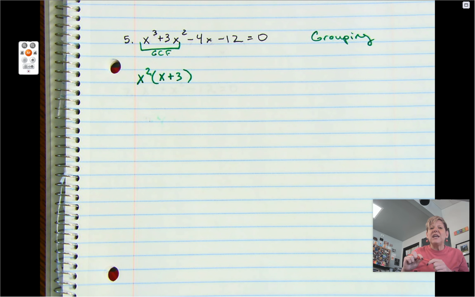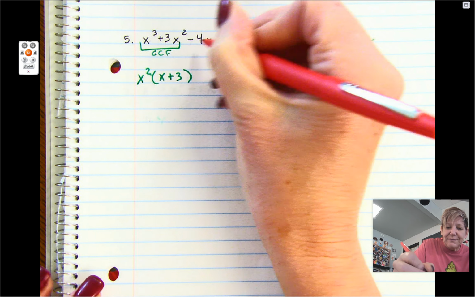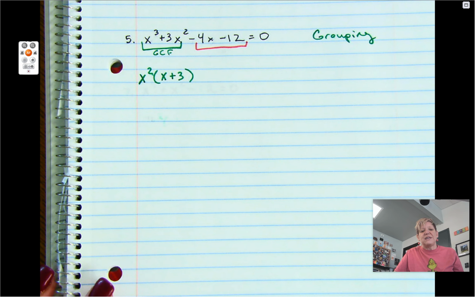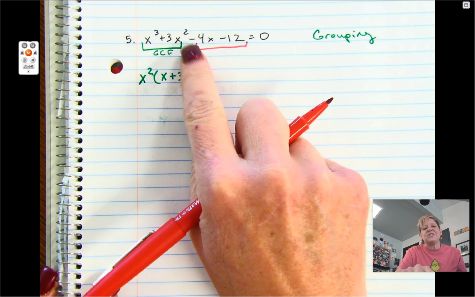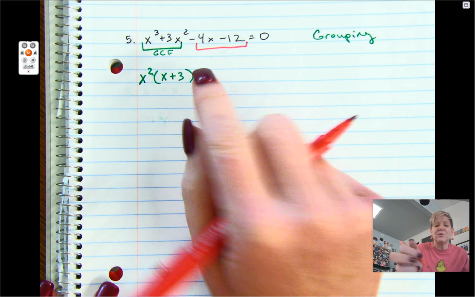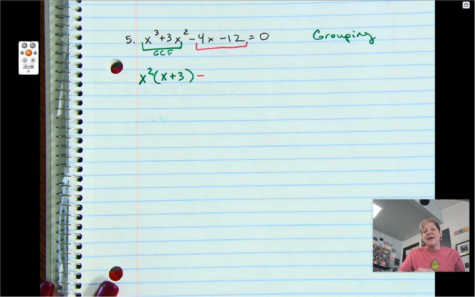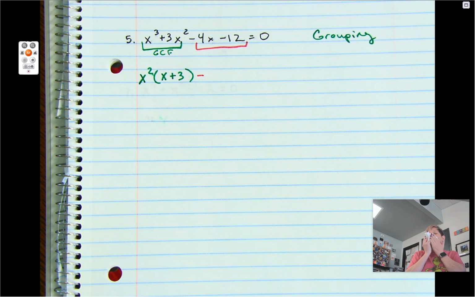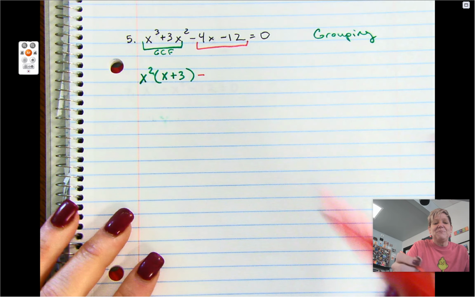We're going to group the next 2 terms together. And what do those 2 terms have in common? Well, the leading coefficient has a negative, so we're going to factor out that negative. And what goes into 4 and 12 is 4.